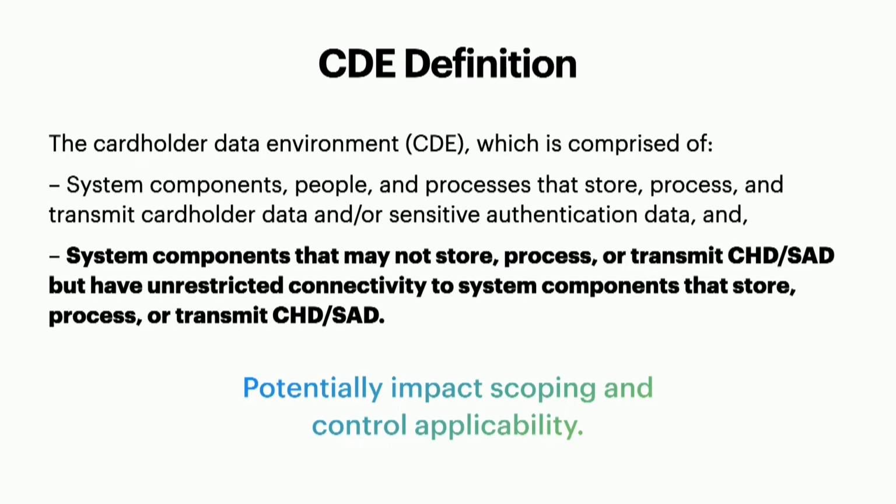Another thing too that we've kind of seen coming, if you're familiar, the cardholder data environment was the typical definition of systems that store, process, or transmit cardholder data. That's how we define the cardholder data environment. Now they're also defining as in scope systems that have unfettered network access to systems that touch cardholder data.